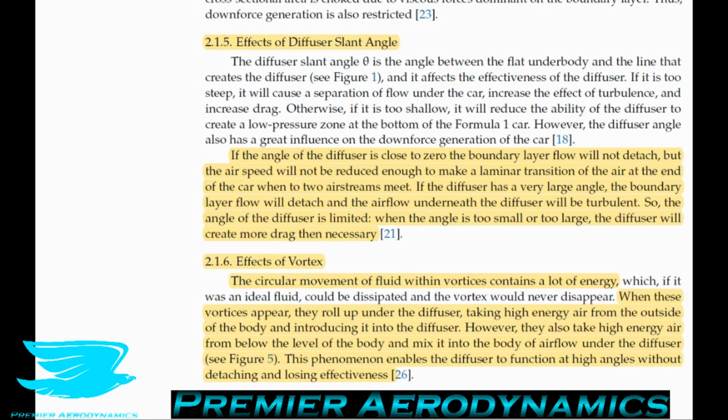This is what they mean here, and this results in a lot of lost energy effectively. So if the diffuser has a very large angle, the boundary layer will detach and the airflow underneath the diffuser will become turbulent. So the angle of the diffuser is limited. When the angle is too small or too large, the diffuser will create more drag than necessary.